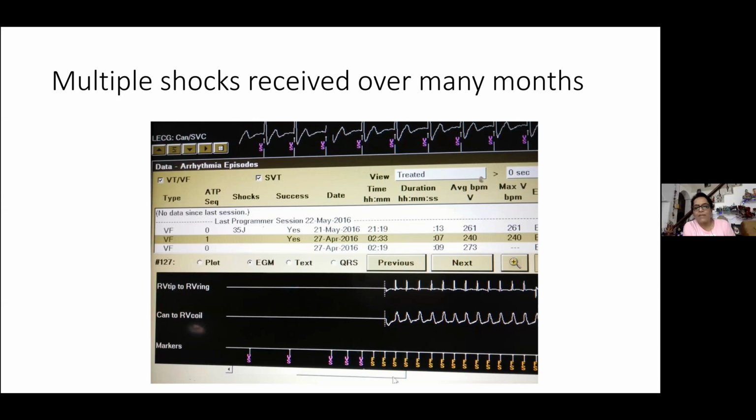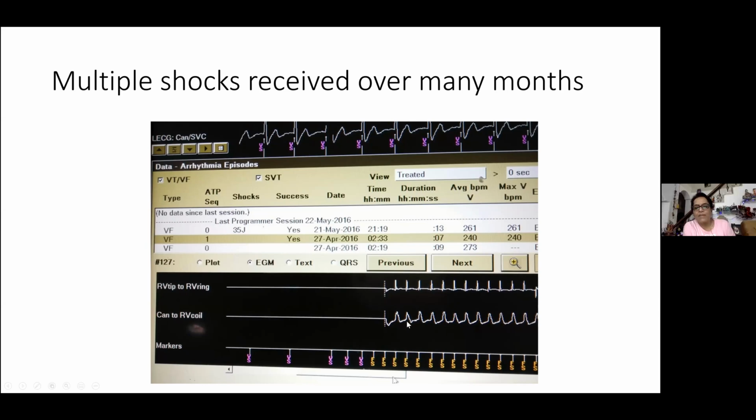Consequently, after receiving so much medication, her QT actually prolonged, which was not that prolonged to begin with, and she became a long QT patient. Then there came a time when her episodes became very frequent, and every 1 or 2 months she used to come with recurrent shocks.